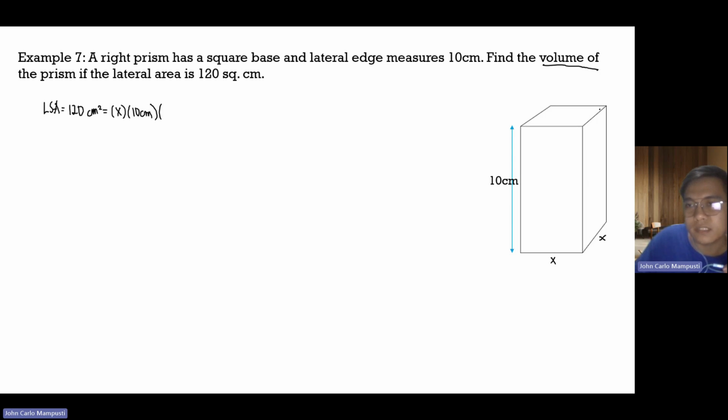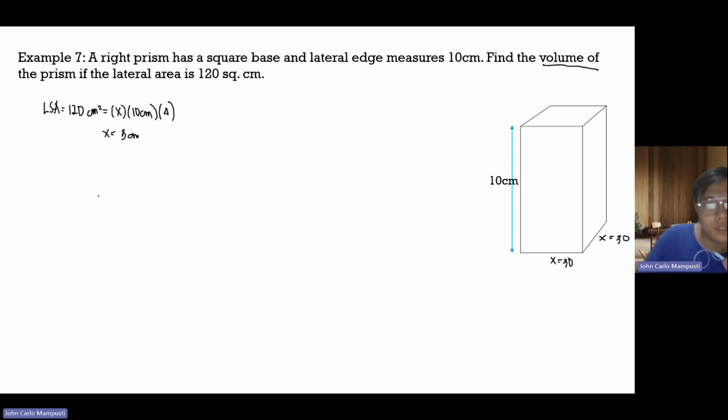So, 1, 2, isa sa likod, isa sa kaliwa, so 4. Ibig sabihin, x is equal to 120 divided by 40. This is equal to 3 centimeter.